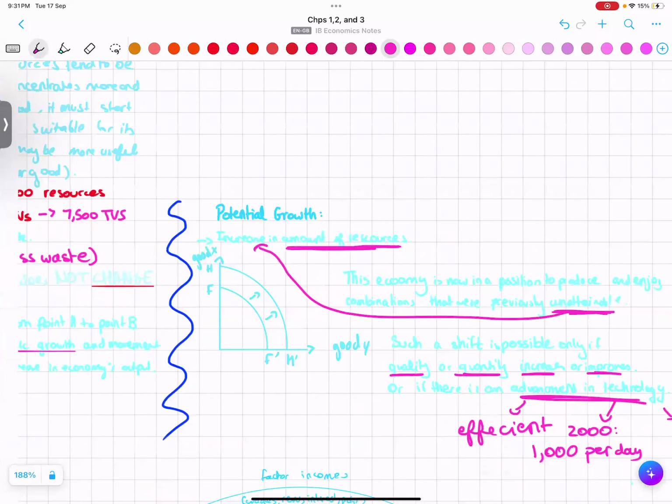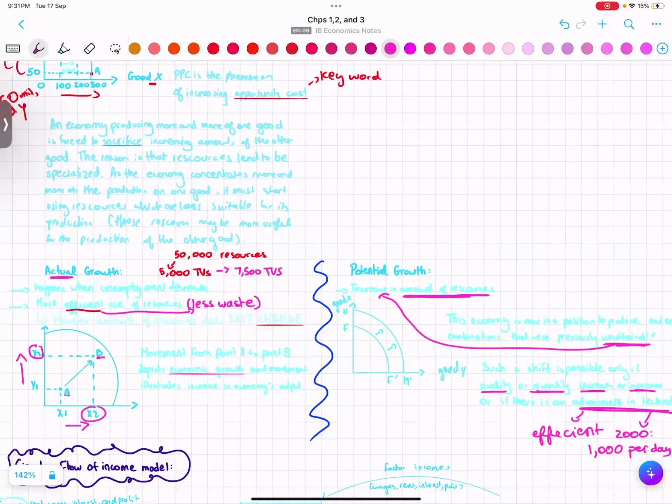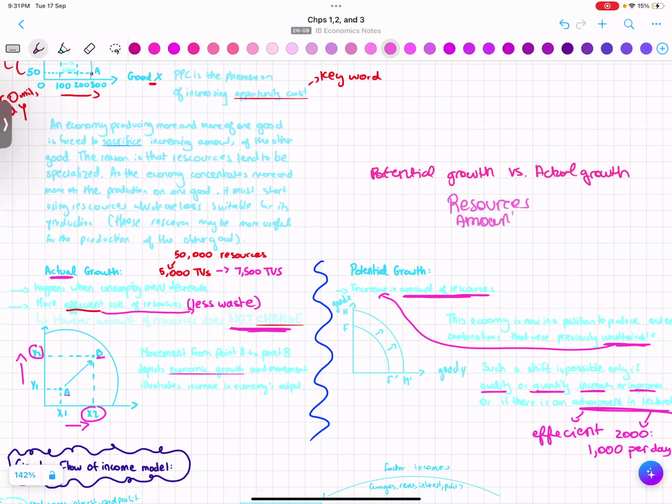So here, the difference is that the amount of resources does not change. This is the key difference. So, potential growth versus actual growth: the amount of resources is basically the key difference between them.